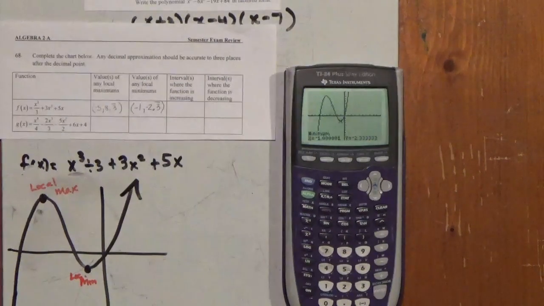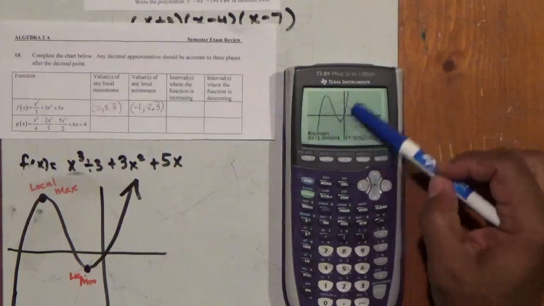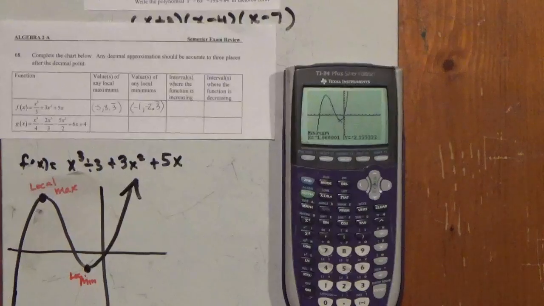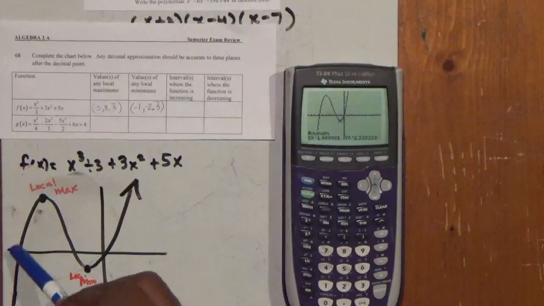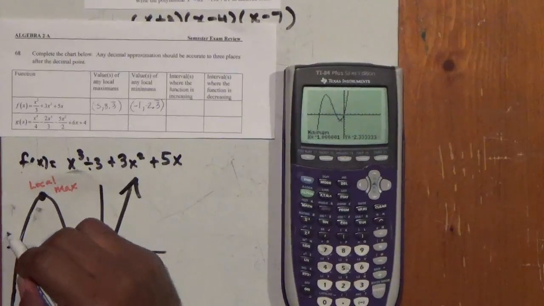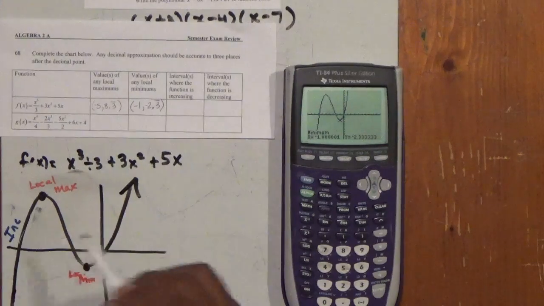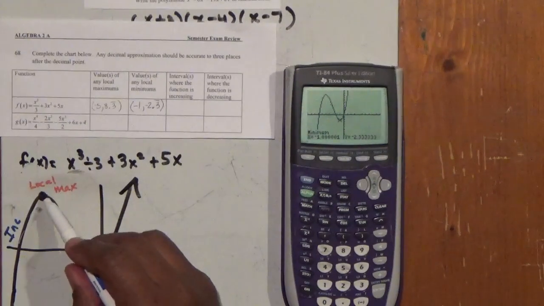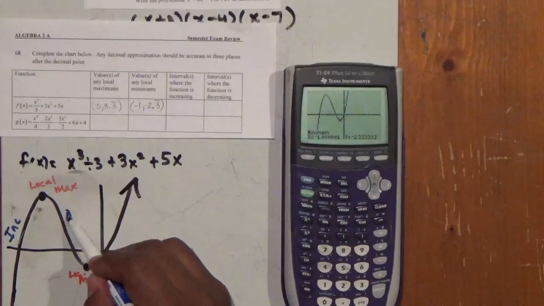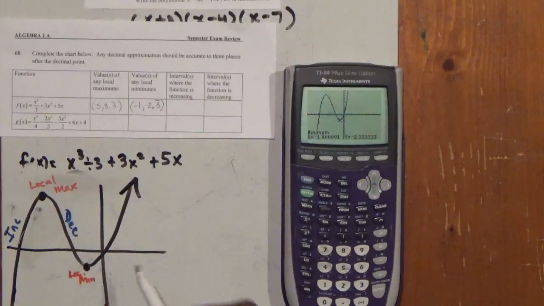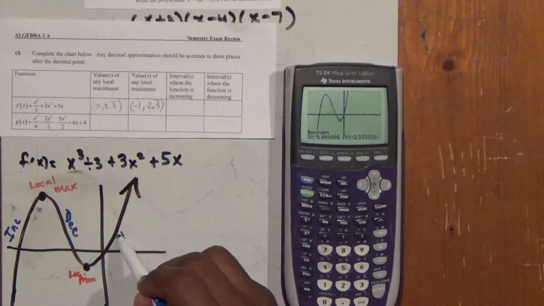Now if we look at our graph, this piece right here until it gets to the max is increasing. From max to min is decreasing, and then it starts to increase again.